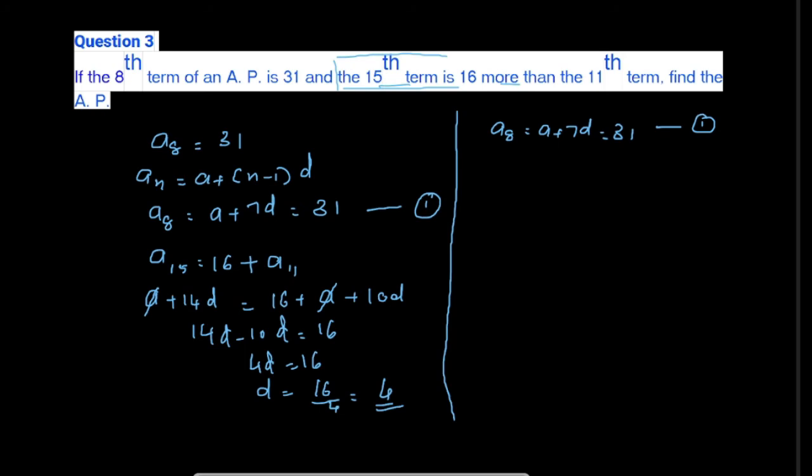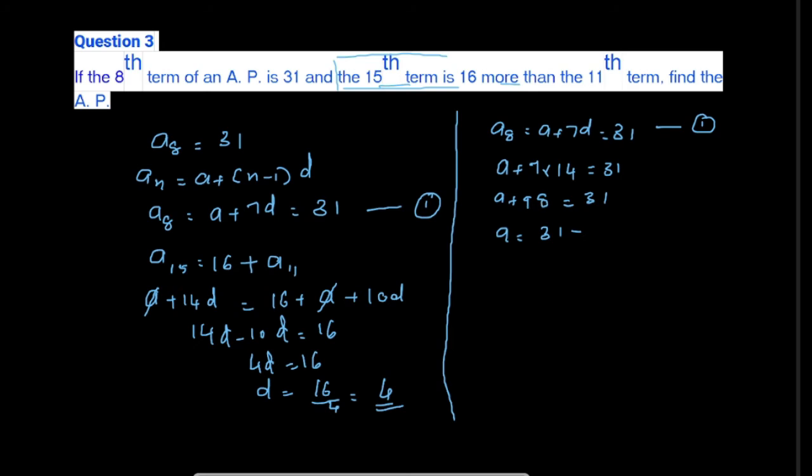This equation 1, right? So A plus 7 into what is D? D is equal to 14. A plus 7 into 14 is equal to 31. So A plus 98 is equal to 31. So A is equal to 31 minus 98, transposing 98 to the right hand side.